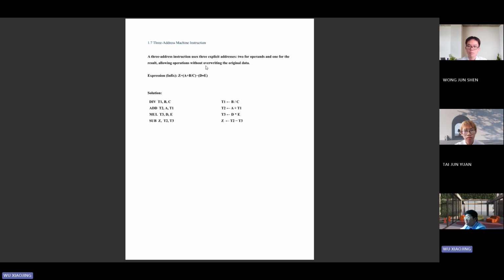For example, in the expression Z equals A times B over C minus D times E, we can write div T1 B C. This means divide B by C and save it in T1. This is great because it does not override our original data. So I will give the last part, which is the conclusion, to our team leader, Tsai Junyan.